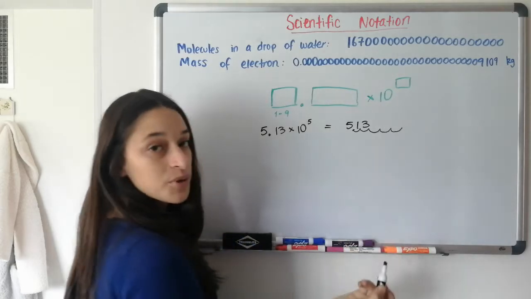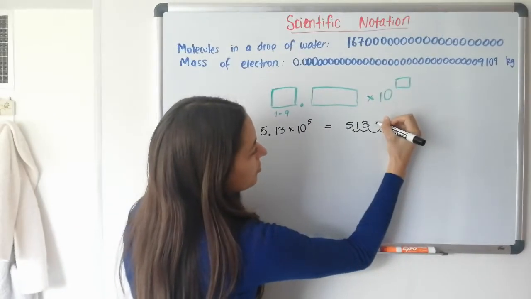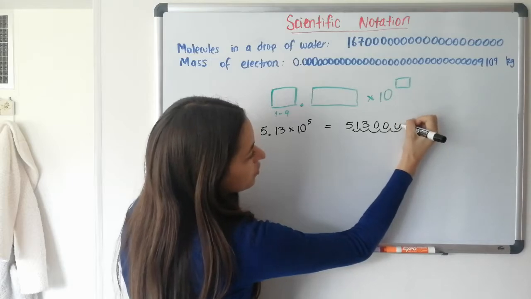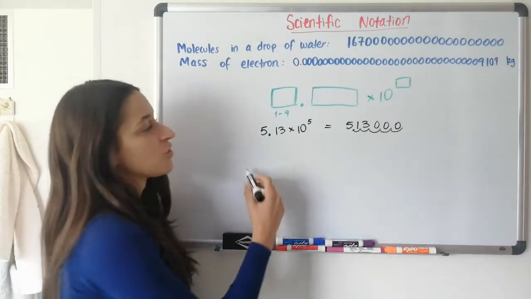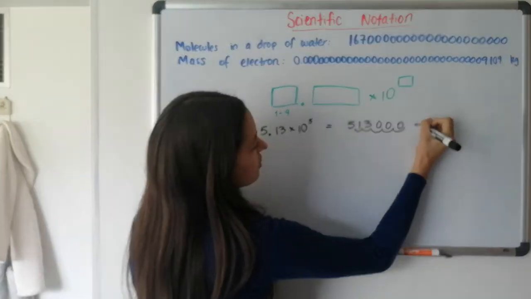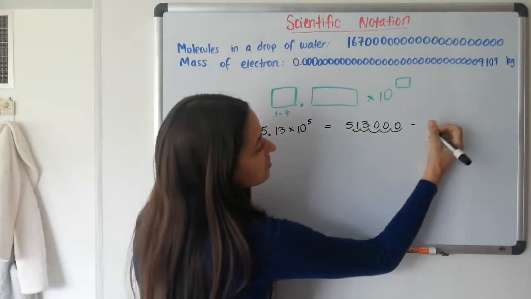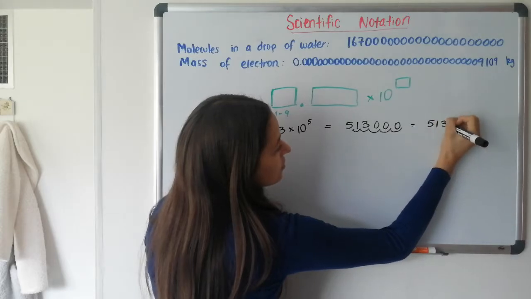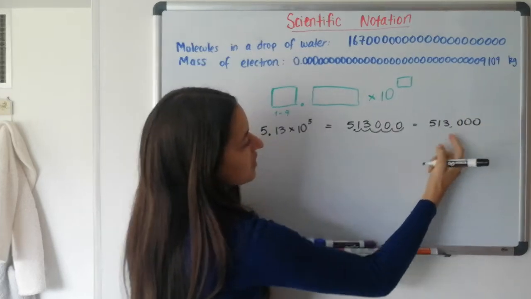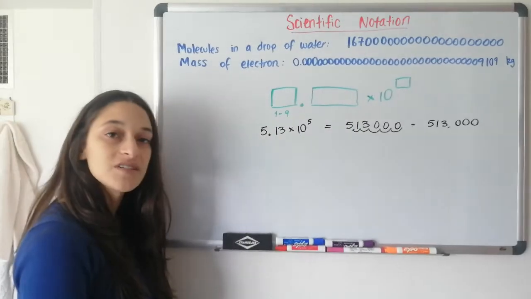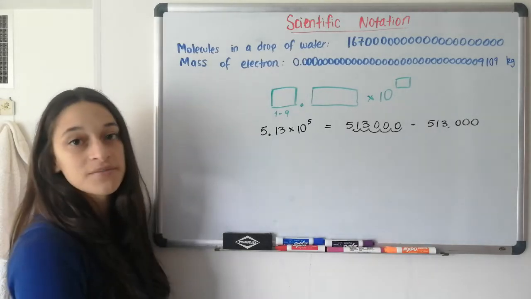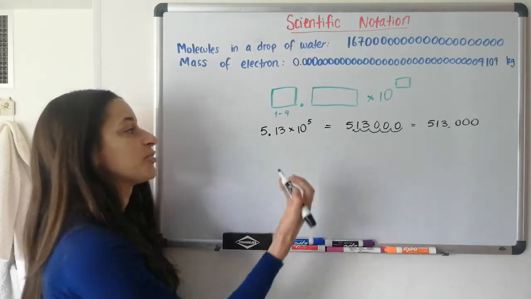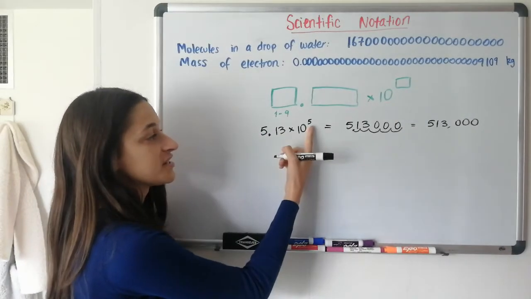And to complete the number, we fill it up with zeros. So we put a 0 in every space that we had left, and that is our number. To write it a little bit prettier, this is 513,000. So 5.13 times 10 to the 5 is a very big number, 513,000. That's one example.